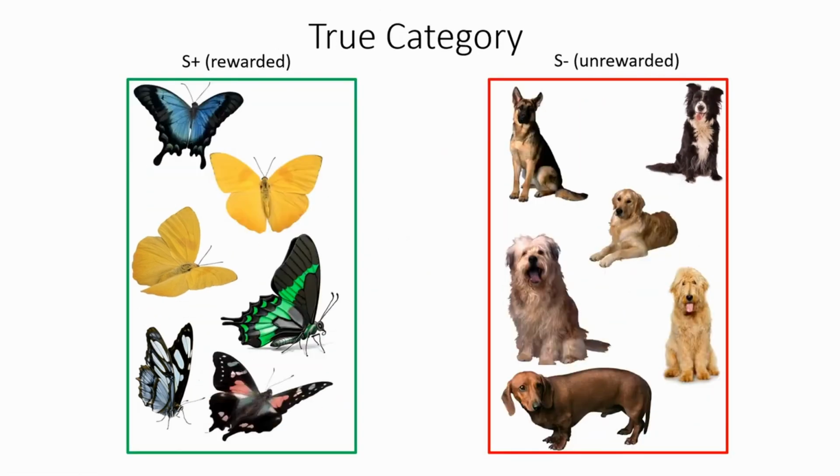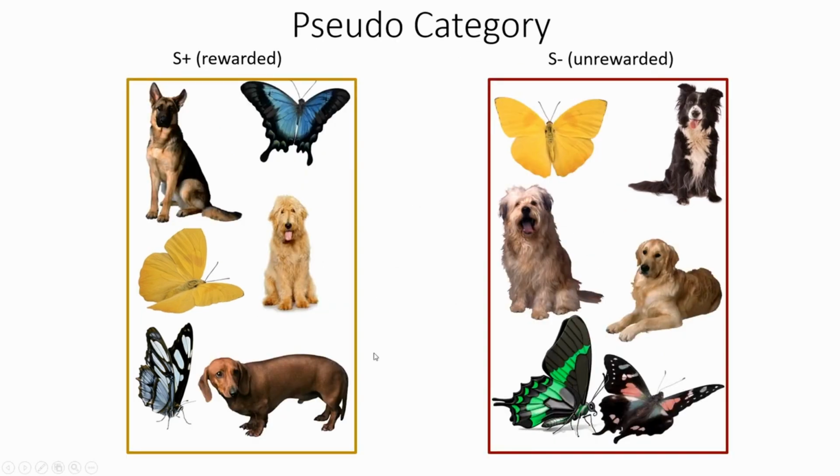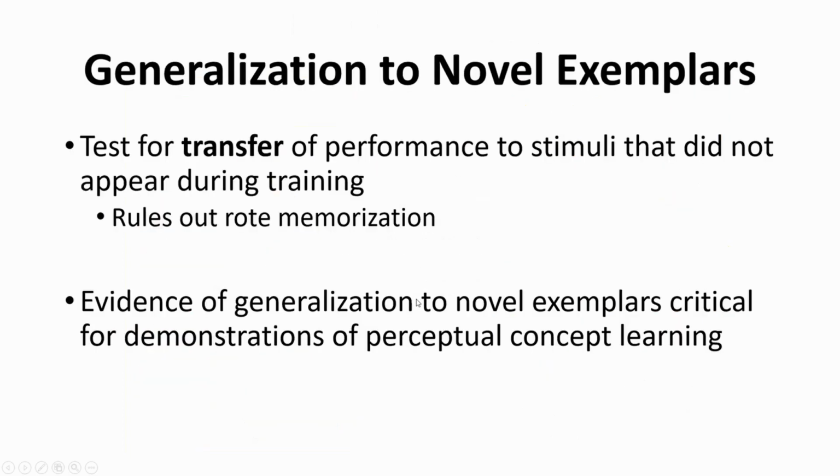You should also note that in a true category group, new butterfly means go to the feeder. New dog means don't. In a pseudo-category group, you wouldn't know what to do with it because some butterflies get you food and some don't. So we should see a difference in responding, where individuals in the true groups know what to do with new stimuli, and the ones in the pseudo groups don't.